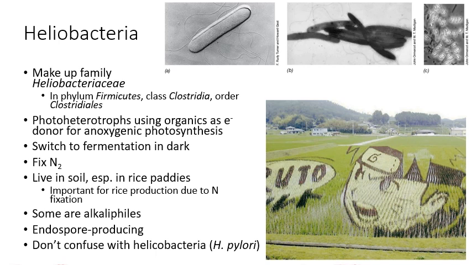There's also another type of bacteria that's important that has a very similar name but is very different, which is Helicobacteria. So Helicobacteria you probably haven't heard of specifically before, but you probably have heard of H. pylori, which is Helicobacter pylori. So that's the bacterium that's responsible for stomach ulcers. That's very different from Heliobacteria, even though the name's very similar.